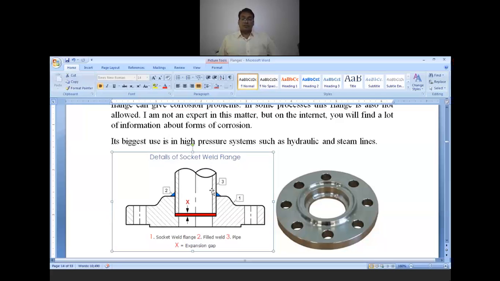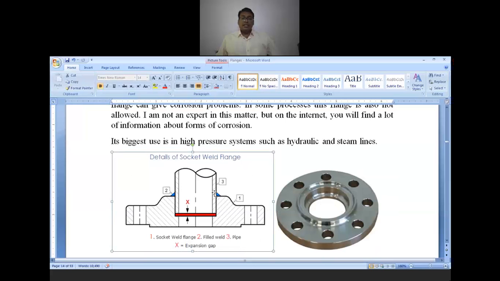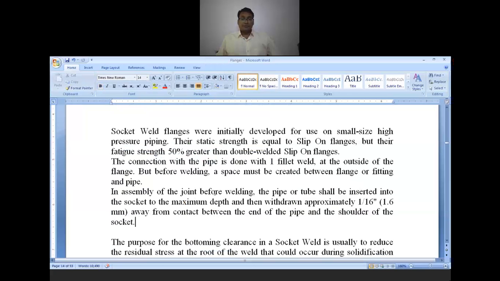You can draw these figures. Again, these are used at moderate temperatures and pressures. These were initially developed for small size, high pressure piping, but their fatigue strength is 50% of double welded slip-on flanges.